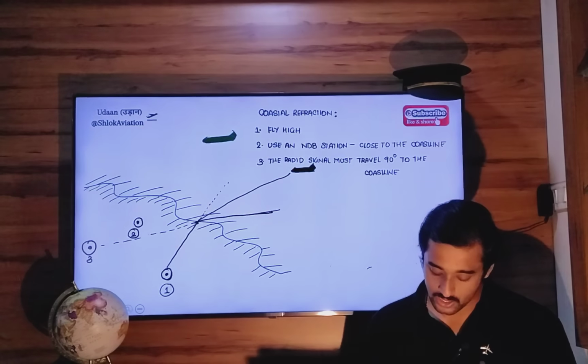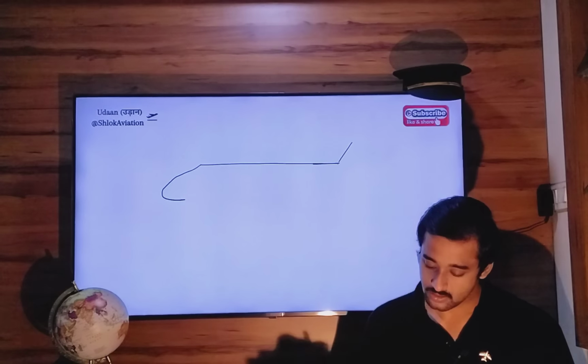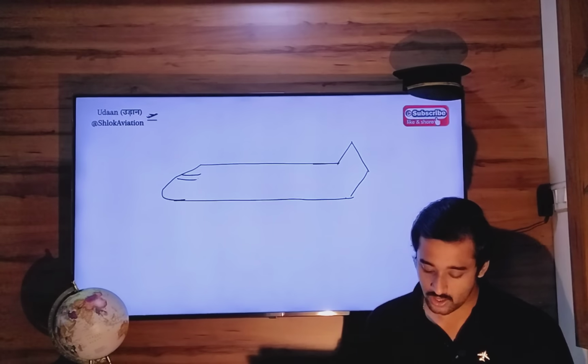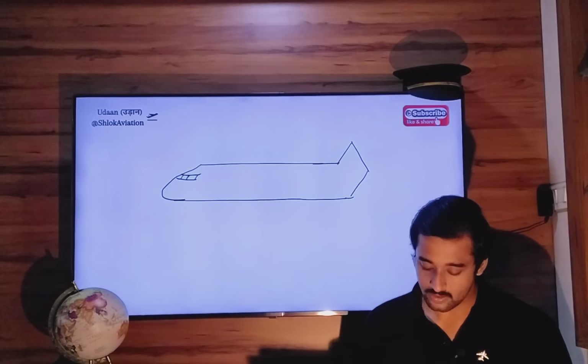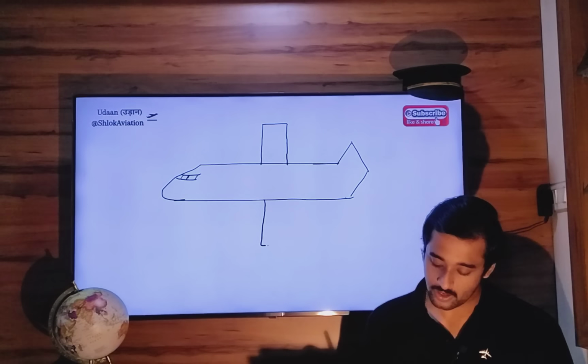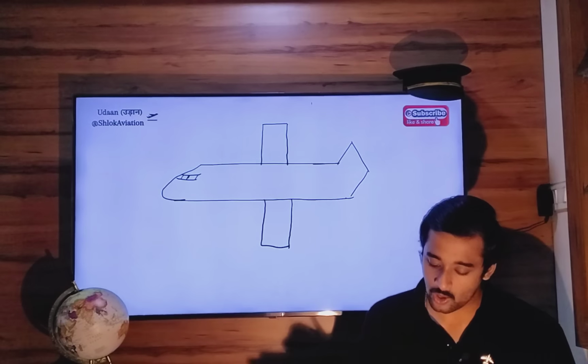The second is quadrantal error. So let's say this is your aircraft. Here are the wings of your aircraft. This is the north datum.